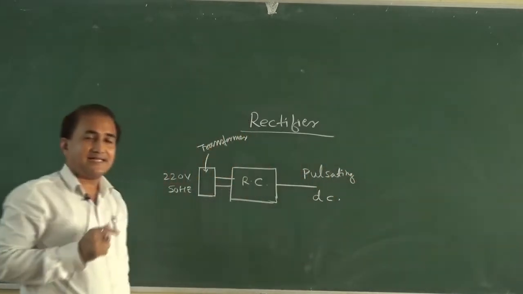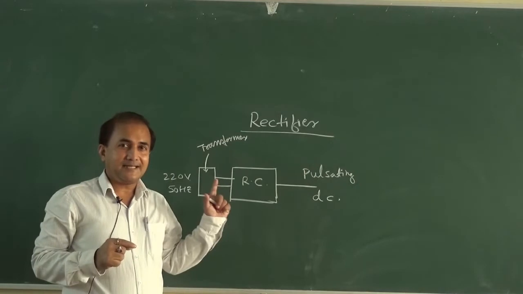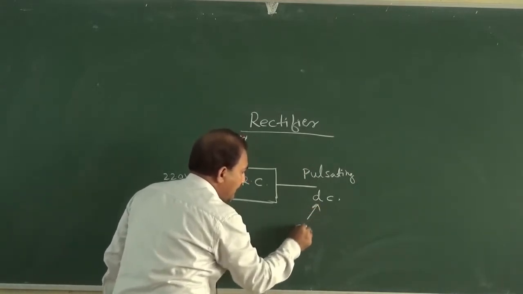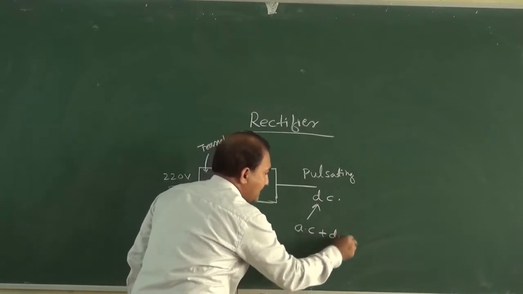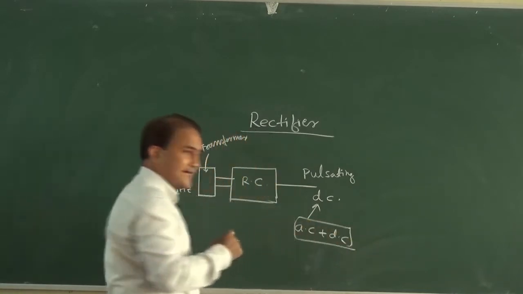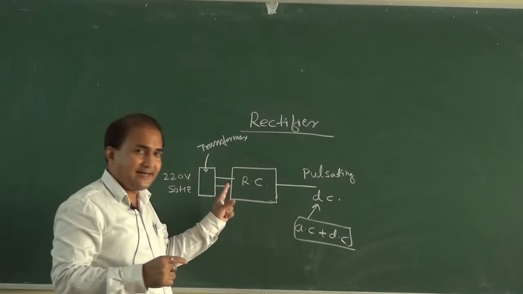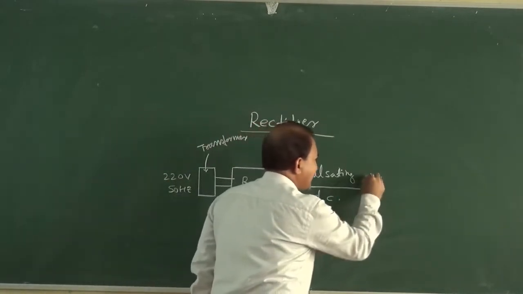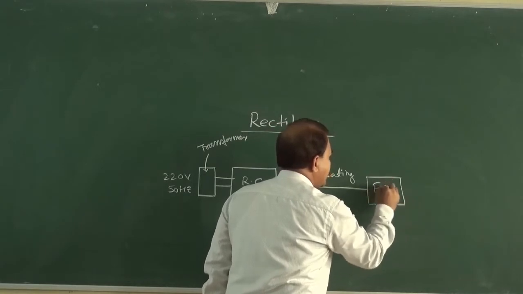What is this pulsating DC? In pulsating DC signal, here AC and DC components are present in the output of any rectifier circuit. So we have to use another circuit that is known as filter.